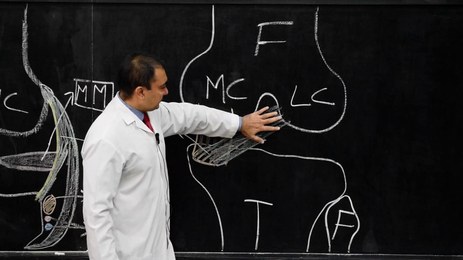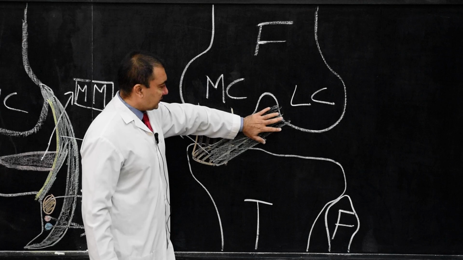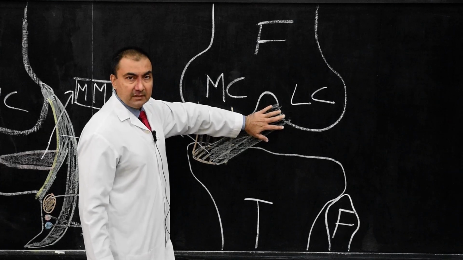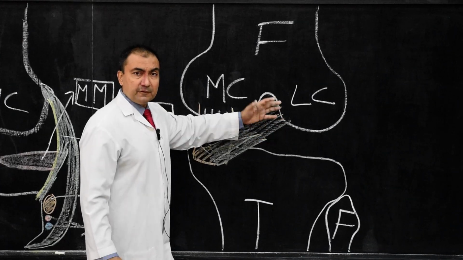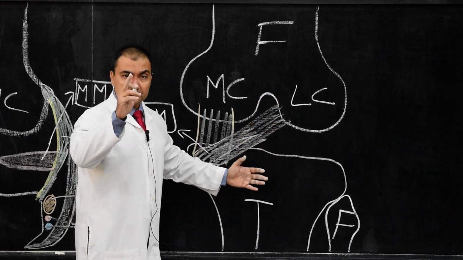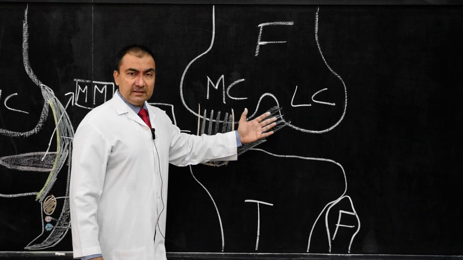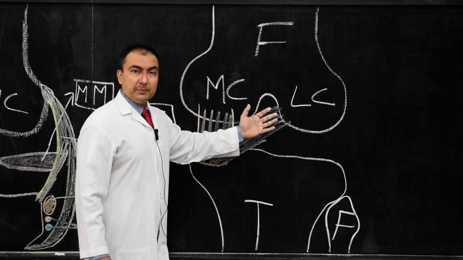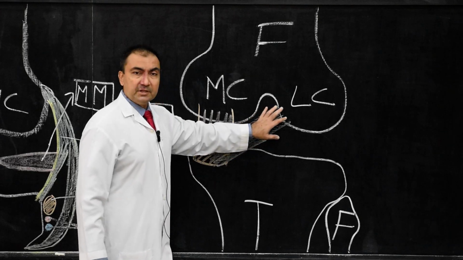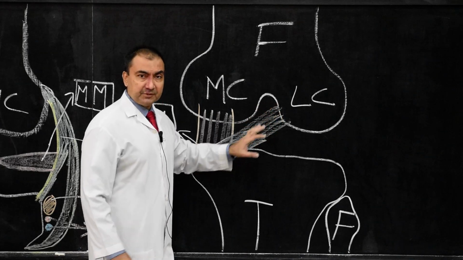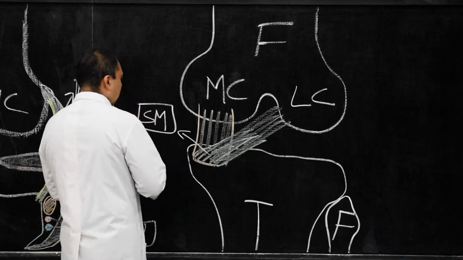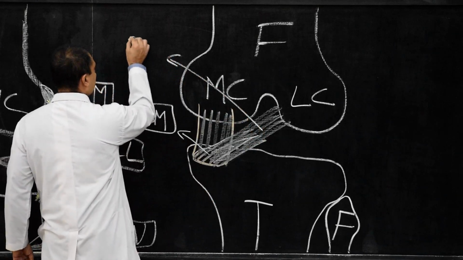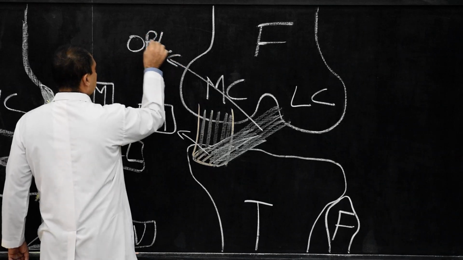So here these fibers are merging with the posterior surface of the capsule of the knee joint, and altogether it will form the floor of the popliteal fossa. Mark this important sentence: these fibers will form the floor of popliteal fossa when they are merging with the posterior surface of the capsule. So therefore, this will be the oblique popliteal ligament.